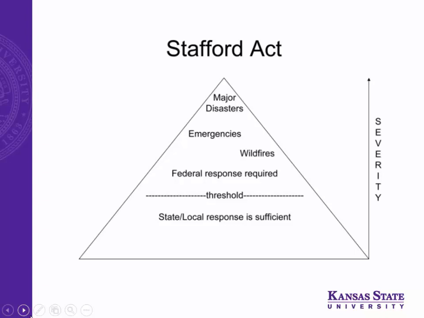The Robert T. Stafford Disaster Relief and Emergency Assistance Act, commonly referred to simply as the Stafford Act, was enacted in 1988, amending the Disaster Relief Act of 1974. It consists of 7 titles that establish the process for declaring disasters, determining the appropriate level of response, and allocating the costs among federal, state, and local governments.